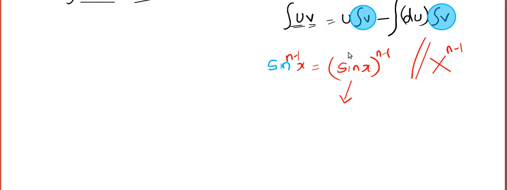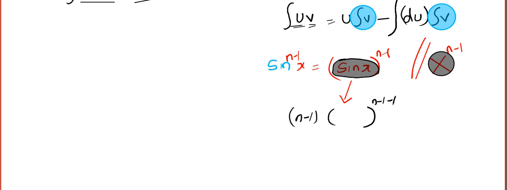So if you ask me what do you see here, I will give the answer. I can see something to the power n minus 1. And if I differentiate this, I will get n minus 1, the same thing to the power n minus 1 minus 1, and multiplied by, because we have to use chain rule, cos x.